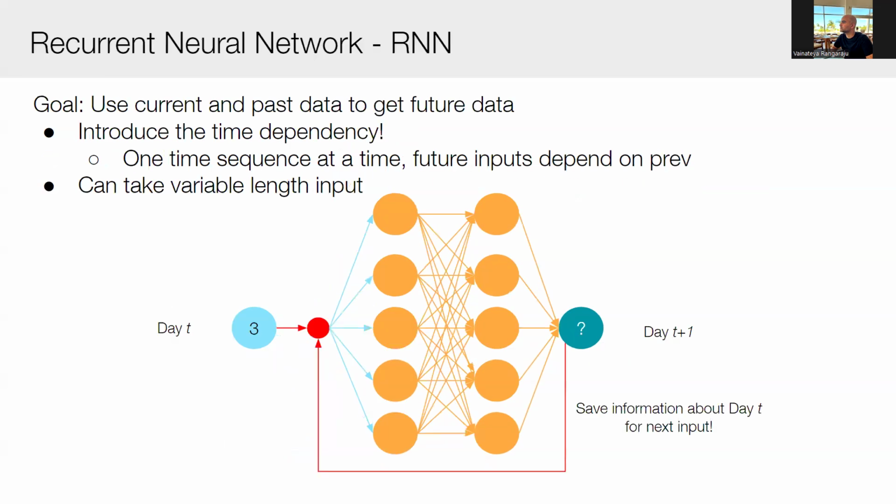We want the prediction of the next time step to depend on our understanding of the time step before. In other words, we want to make sure that our prediction of the time step in the future depends on our prediction of the time step in the past.